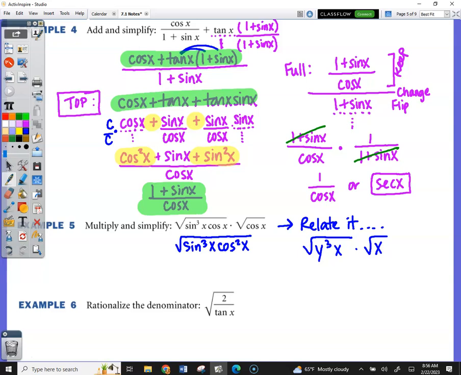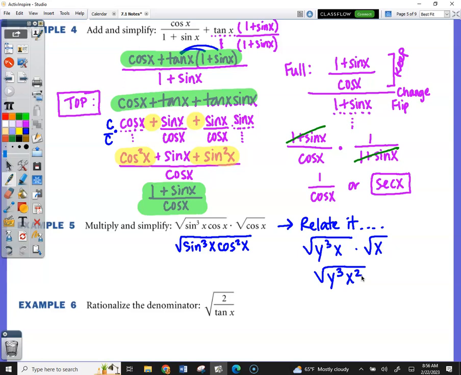You don't change the y. Look right here: y cubed x times x would be y cubed x squared. Y'all with me? Okay.